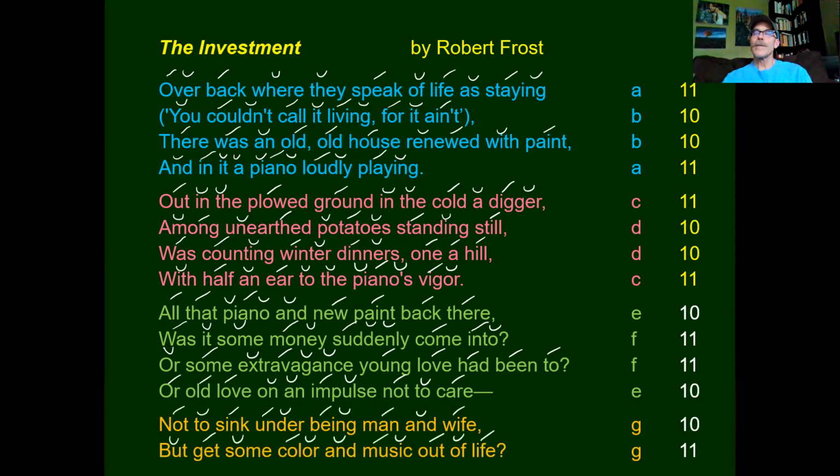Double B's, double D's, double F's, double G's. So you've got 4 couplets because it's a poem about a couple. Of course you want extra couplets. And again, you've got that marvelous alternating of the feminine and masculine rhyme scheme, and the alternating of the 10 and 11 beats. So this is just a marvelous example of how form follows function.